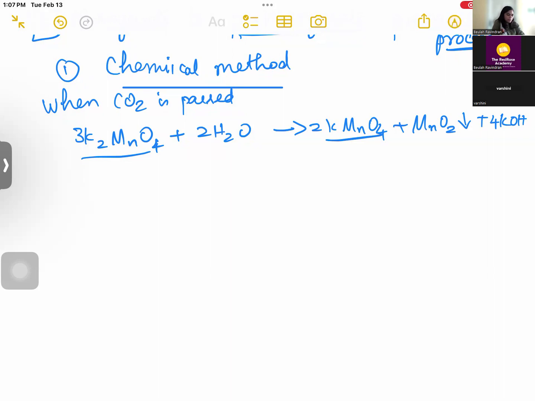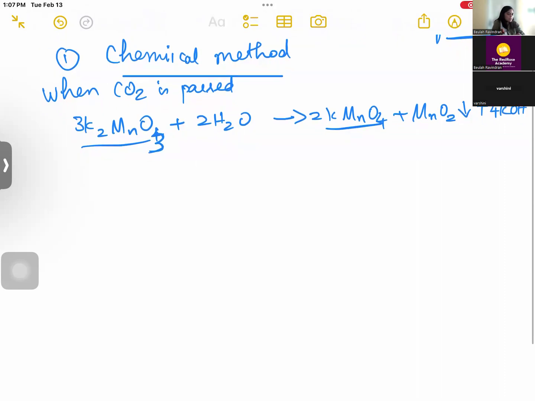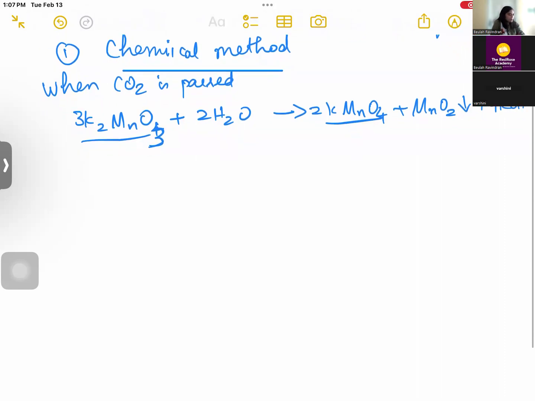Sorry, it is manganate, means K2MnO4, and it is permanganate, KMnO4. Is it clear for you? Then CO2 plus KOH gives K2CO3 plus H2O.